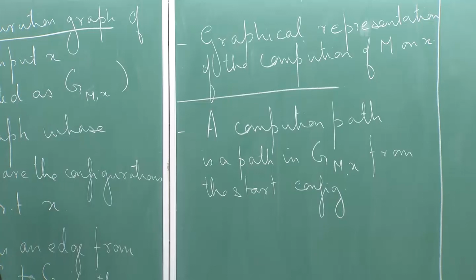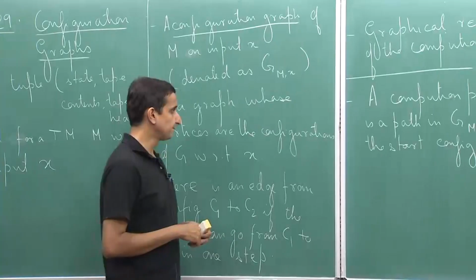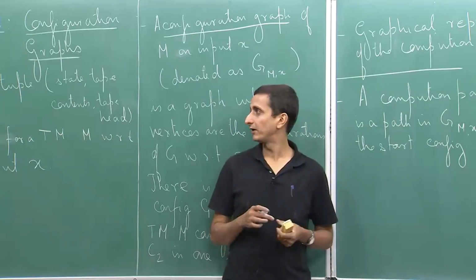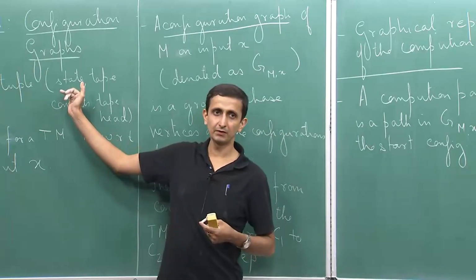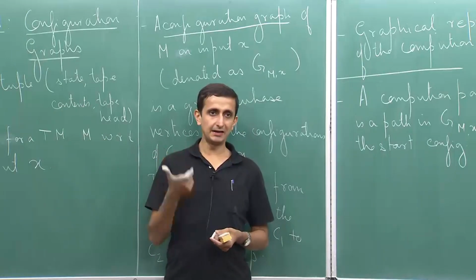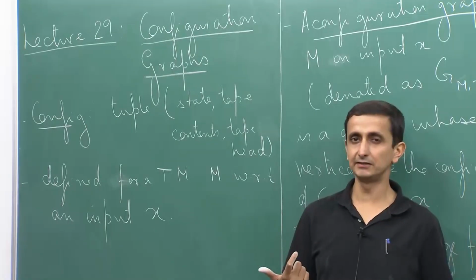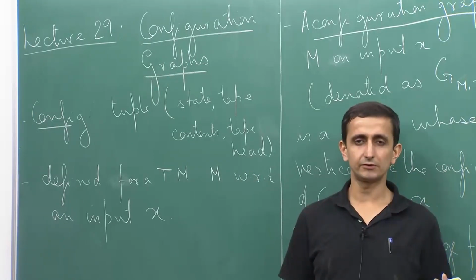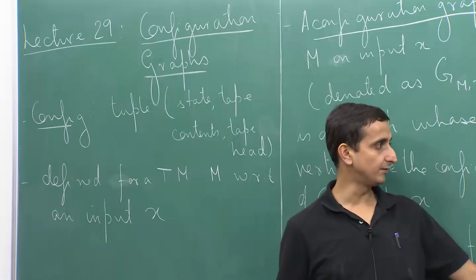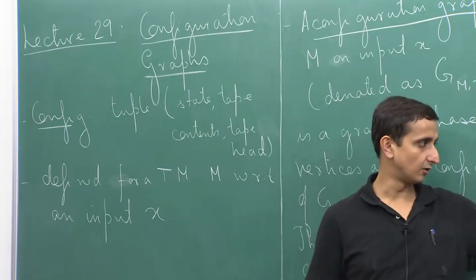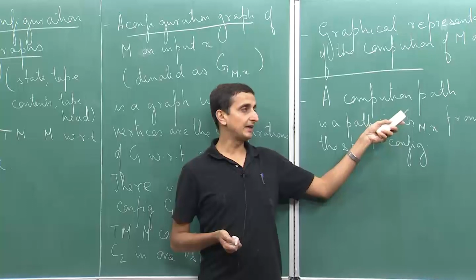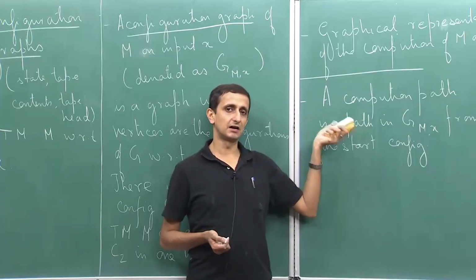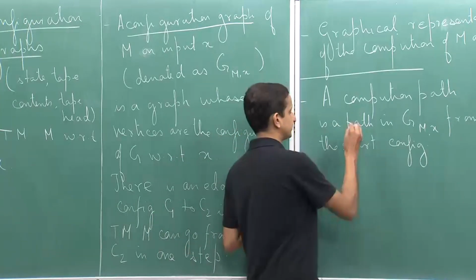Recall from the last lecture that there is a unique start configuration. The start configuration is the configuration where the state is q0, the tape contents is the input that is given, that is x in this case, and the tape head points to the leftmost cell of the tape. So, it is a unique configuration. Therefore, there is a unique vertex corresponding to the start configuration in G_{M,x}. Any path in G_{M,x} that starts at the start configuration is known as a computation path.